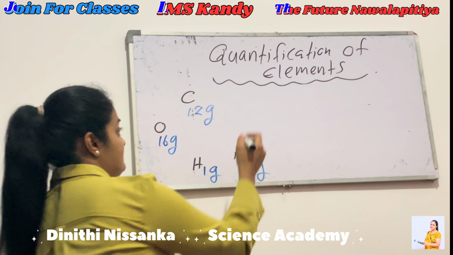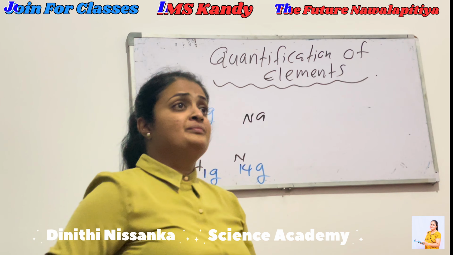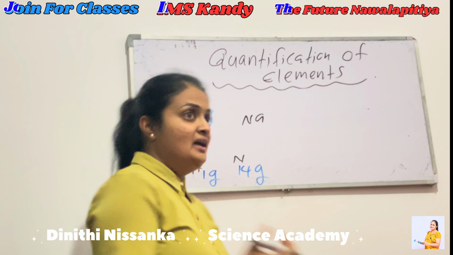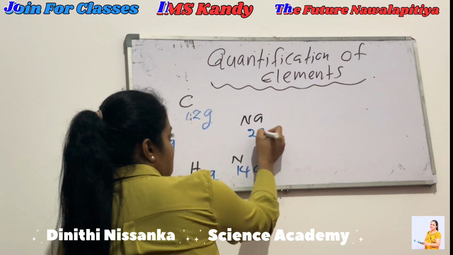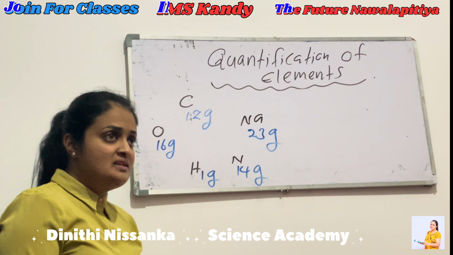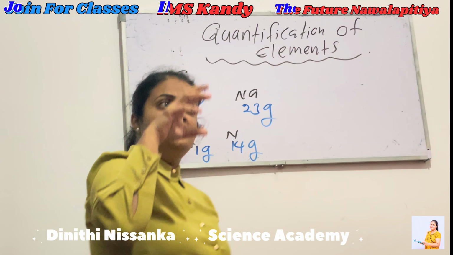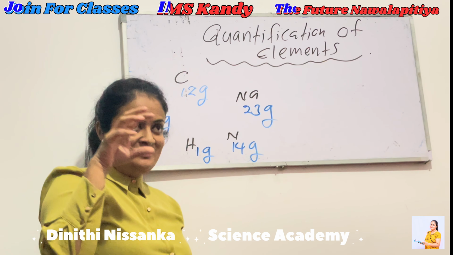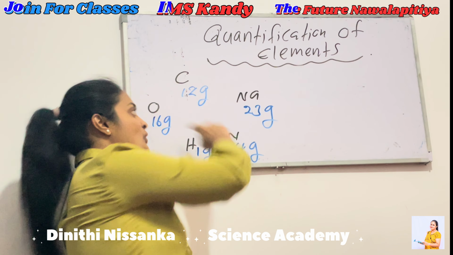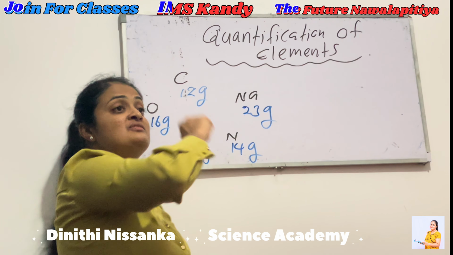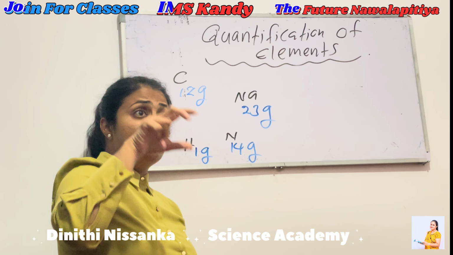Okay. Then the other one is sodium. How about the relative atomic mass of sodium? 23. Then I take 23 grams of sodium, right? Then if I count the number of atoms in all of these elements taken equal to their relative atomic mass, all elements have the same number of atoms.